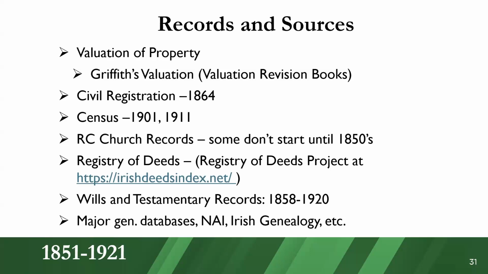Roman Catholic Church records, most of them didn't start till the middle of the 1800s, but you might find some earlier than that, since the penal laws were being repealed rather quickly over the late 1700s. And again, we mentioned the Registry of Deeds and the Will and Testamentary records. And again, check the major genealogy databases for information.